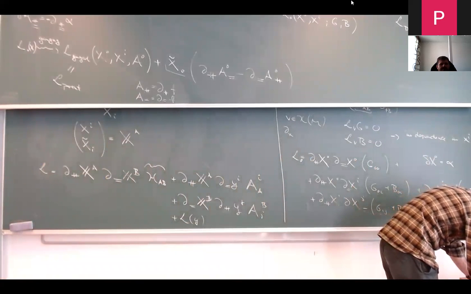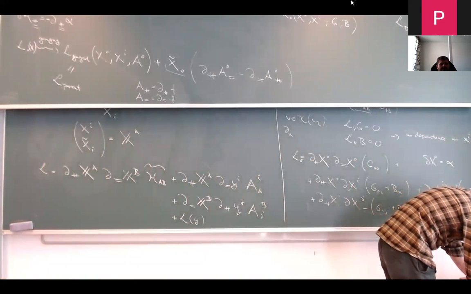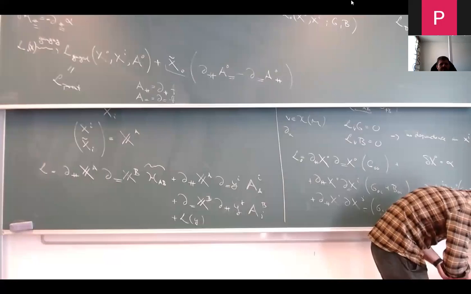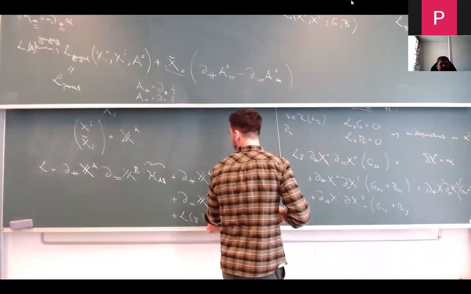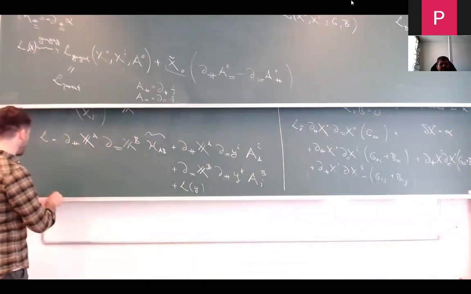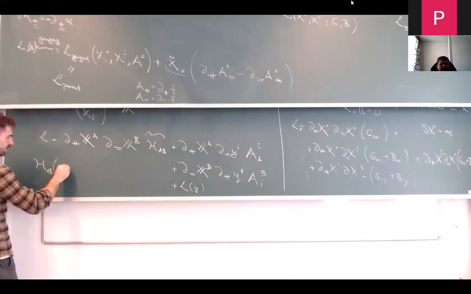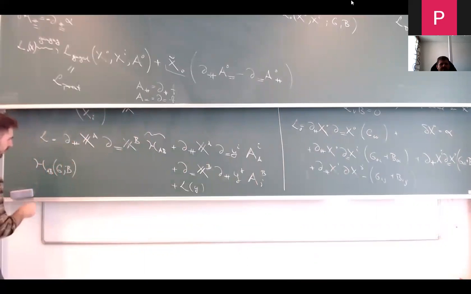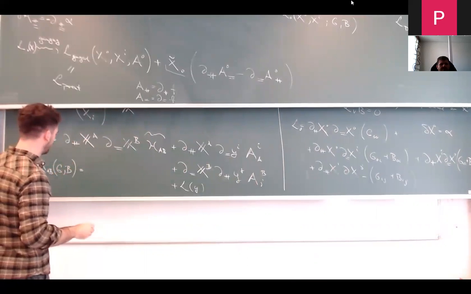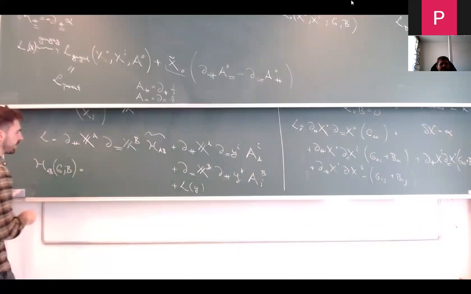Next, I had a hard time getting that correctly. Okay, so this H is something constructed out of G and B, and the way they enter.